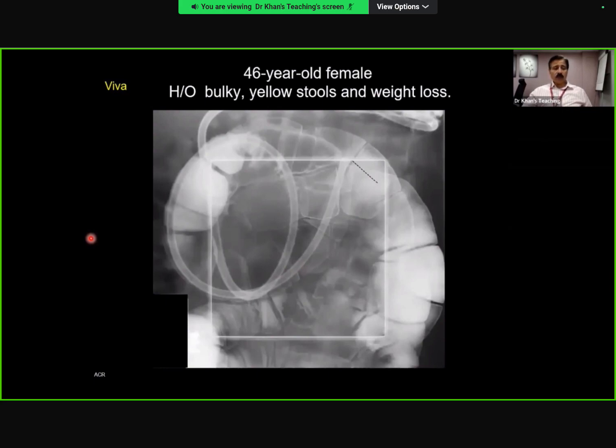Because of time factor, I'm going to ask you leading questions. This is a small bowel enterocolysis. There is a catheter in the duodenum. And what is your finding?